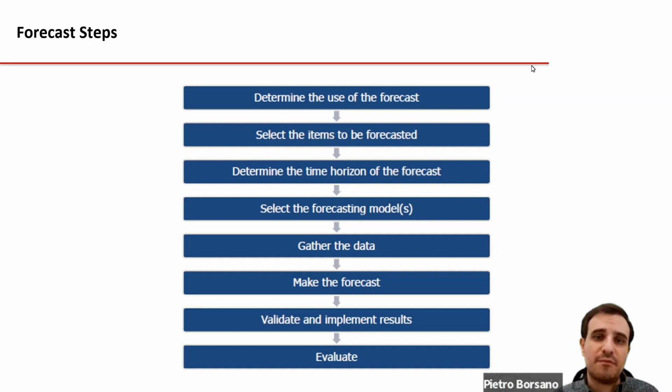And then at this point, we will gather the data, we make the actual forecast, and then we will move into the validation of the results and the evaluation of a forecast. As you can see, the product life cycle can heavily impact the forecast steps. If we are in the early stage, the growth stage, or the mature stage, the time horizon is different. And consequently, our forecast will be also different.